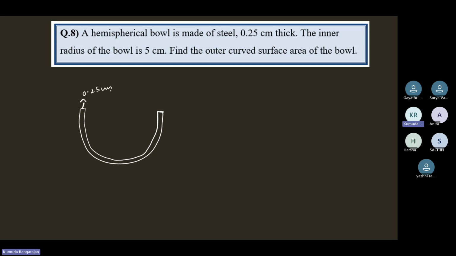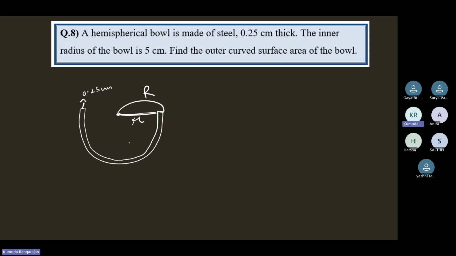This thickness is 0.25 centimeters. The inner radius, meaning from the center to the inner wall. Because the material is thick, you'll have two radii. One is from the center to the inner wall, the other is from the center to the outer wall. This is capital R. This is small r.